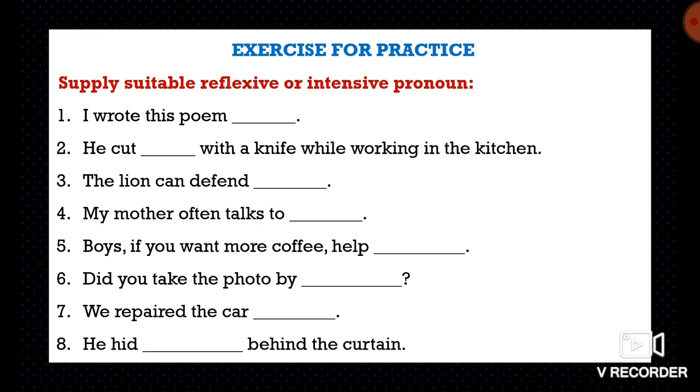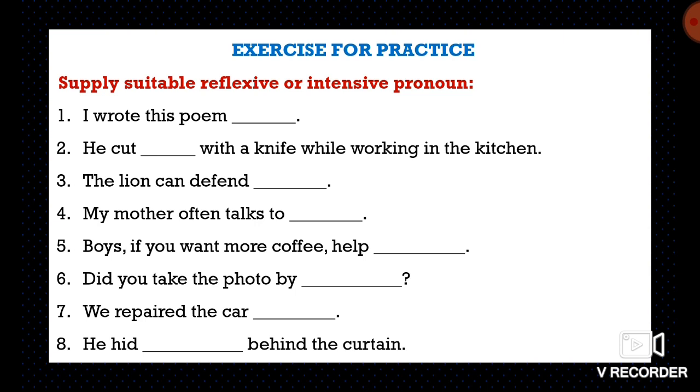First sentence is, I wrote this poem dash. Second, he cut dash with a knife while working in the kitchen. Third, the lion can defend dash. Fourth, my mother often talks to dash.